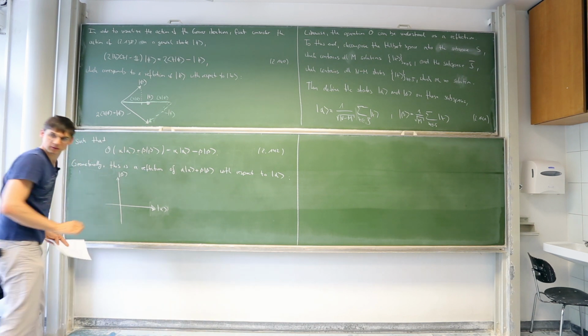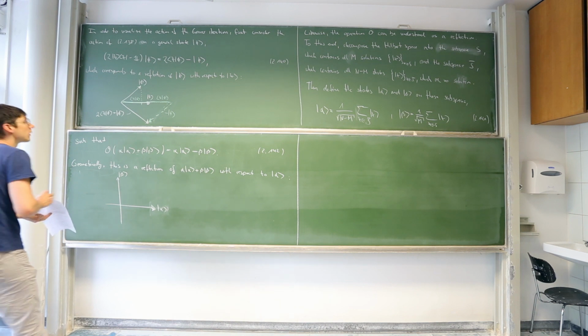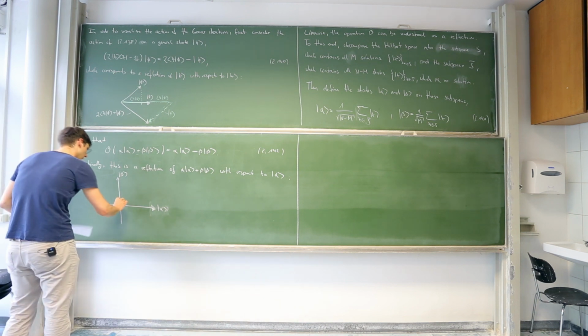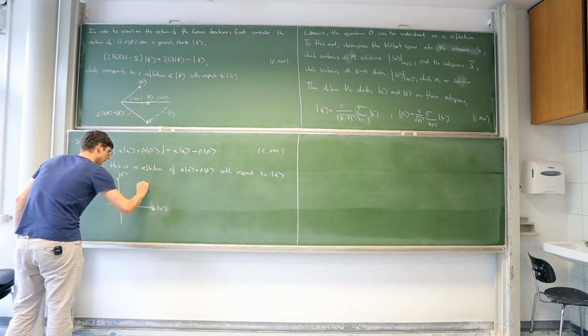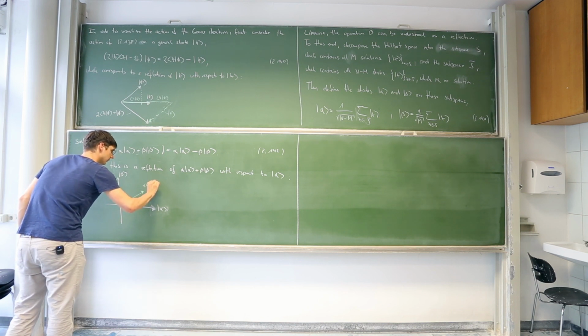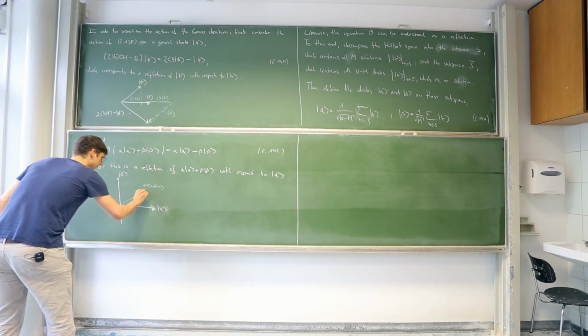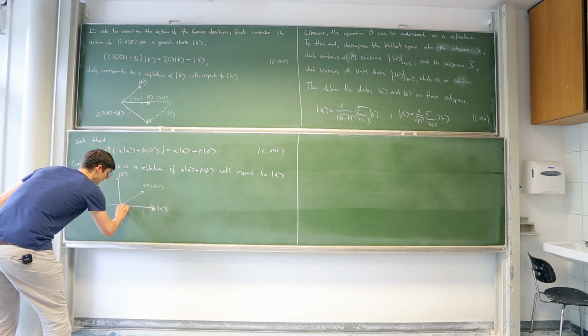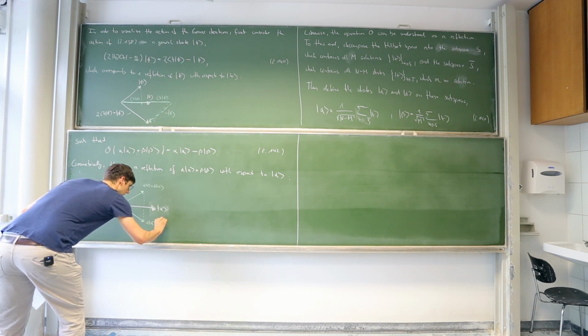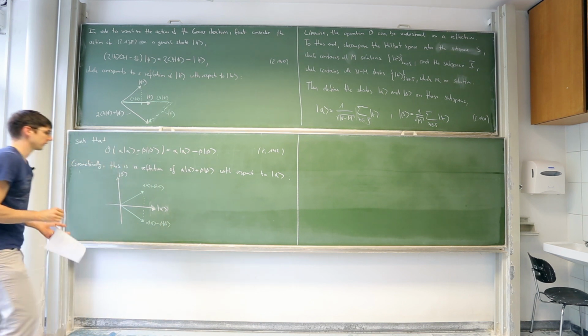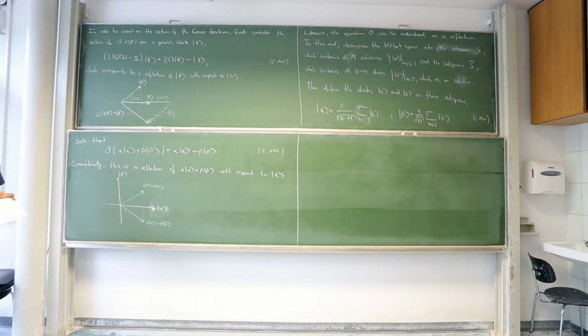Suppose now, in green, suppose this state is alpha |α⟩ plus beta |β⟩, and then we have this state being alpha |α⟩ minus beta |β⟩. Okay, so we see now that the action of the oracle can also be illustrated by such a reflection.